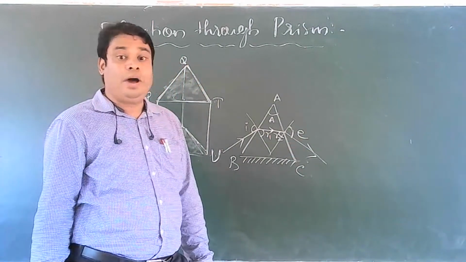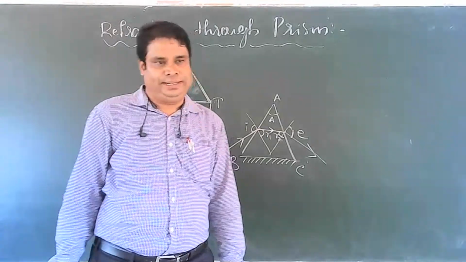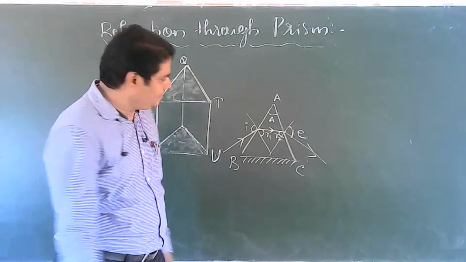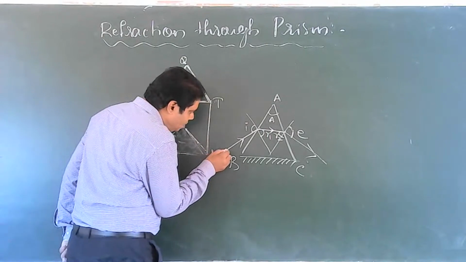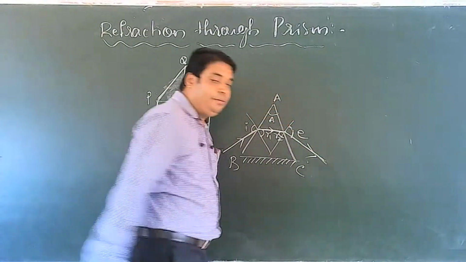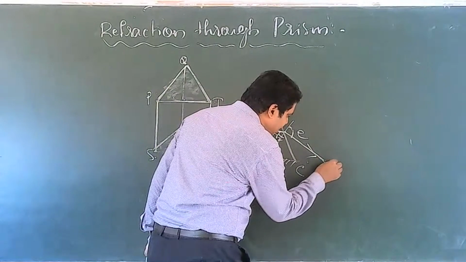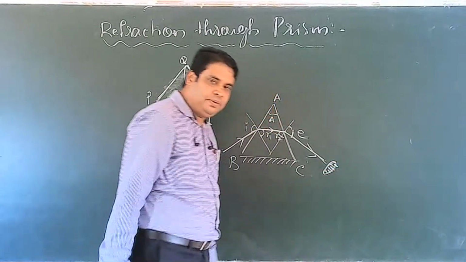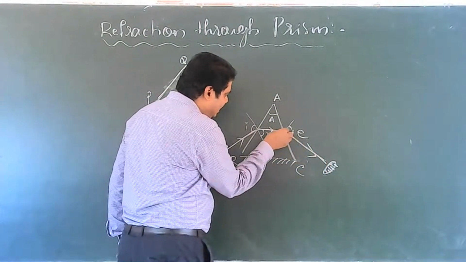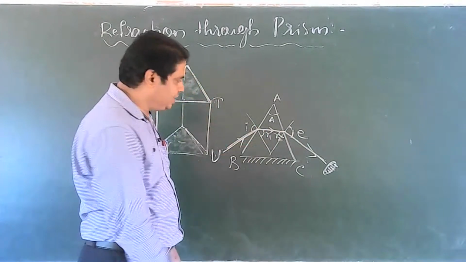For a prism, there is a principle called the principle of reversibility. A ray allowed to travel in this fashion will retrace its path exactly. Imagine you hold a mirror, or you can trace the ray exactly backwards. The forward direction is exactly equal to the backward direction.